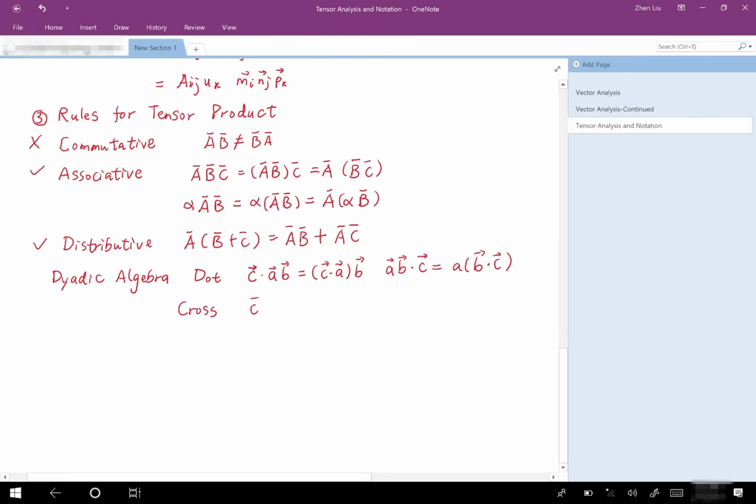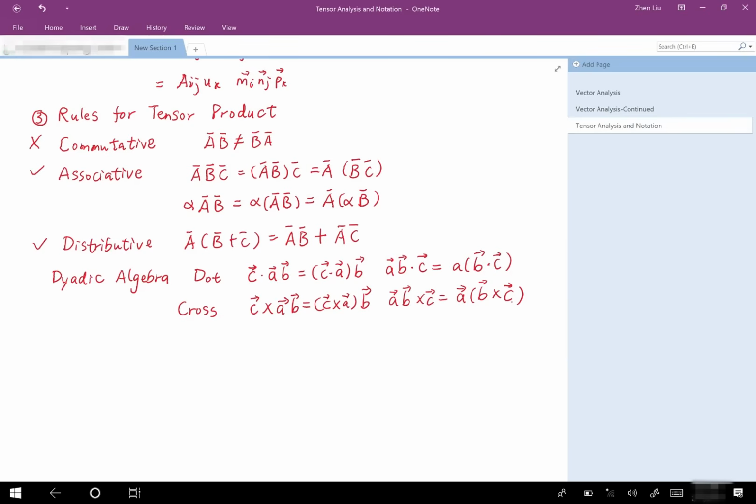if we have, for example, C cross product A, B, this is like C cross product A, then B. The same thing, if we have A, B cross product C, just like A, B, and C. So here all of them are vectors.